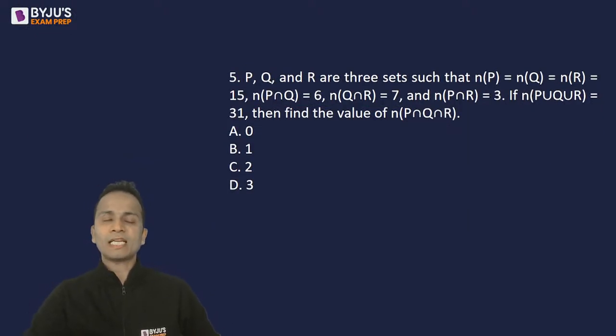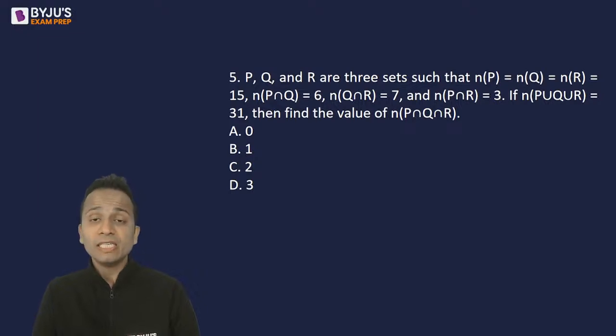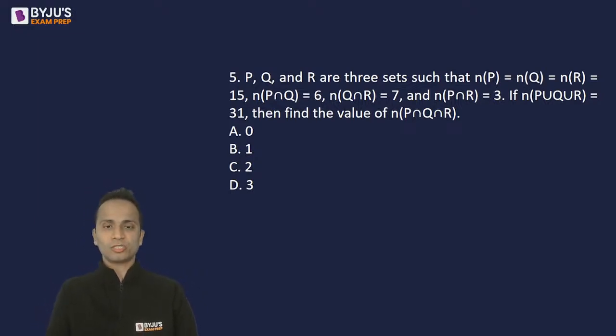Moving on, looking at our next question, question number 5. Now question number 5 is a very simple question of set theory, in which a three set Venn diagram is used. So it's a direct question which is based on the formula of set theory.